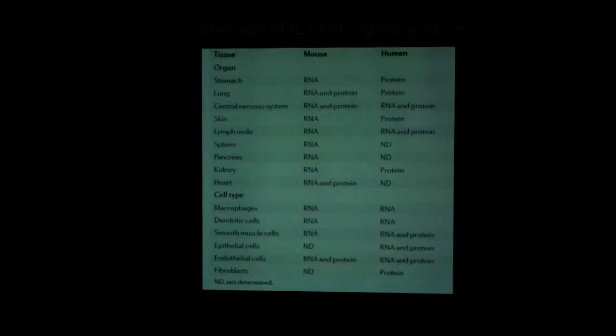So this interleukin-33, as you can see, is expressed and present in many organs; it is quite ubiquitous. It's not only in the GI tract, but also in the lung, the nervous system, and the heart. Mostly epithelial, endothelial, and immune cells express this cytokine.